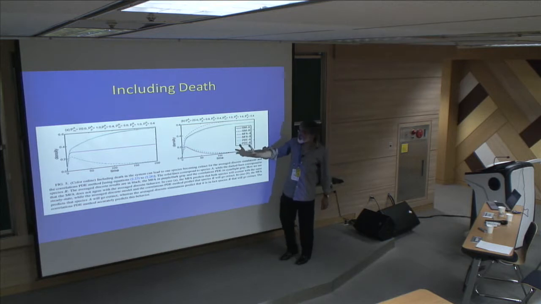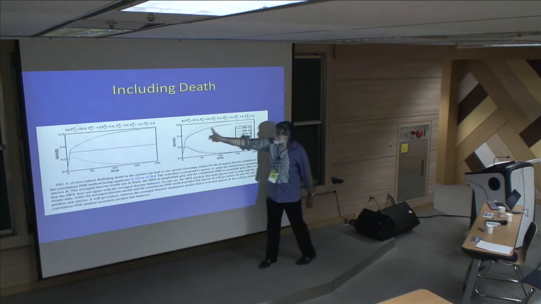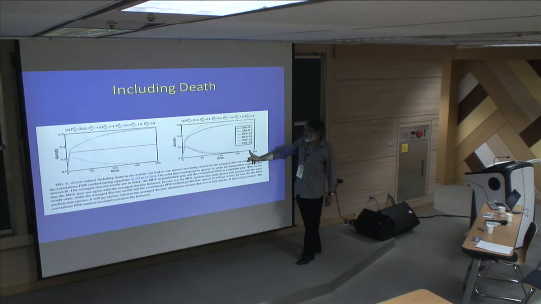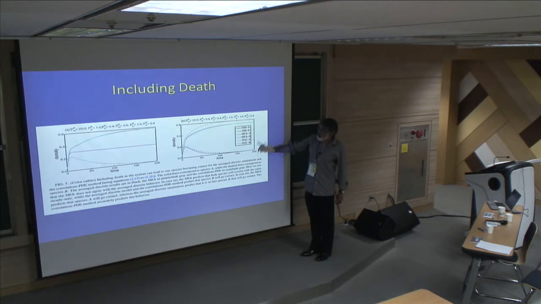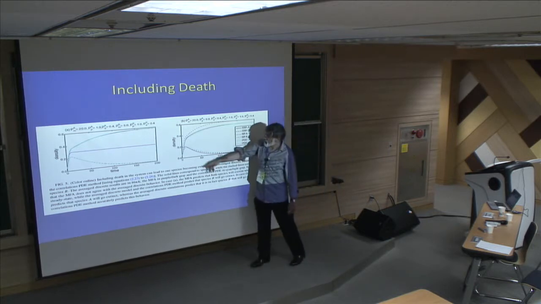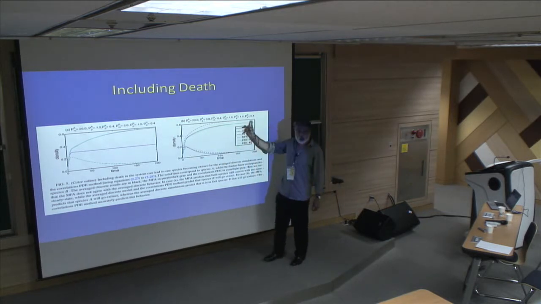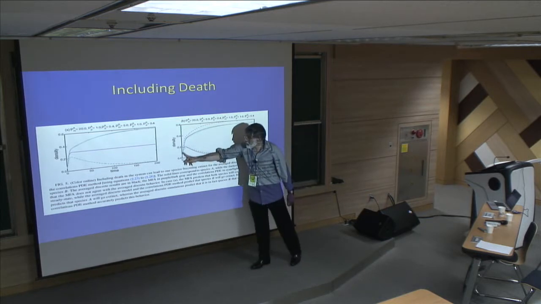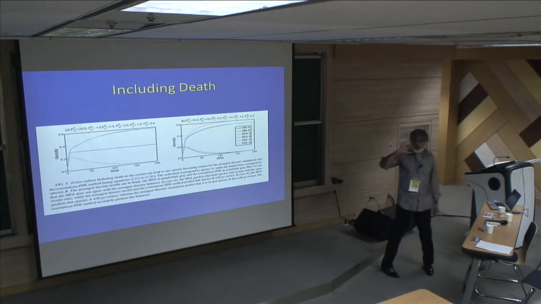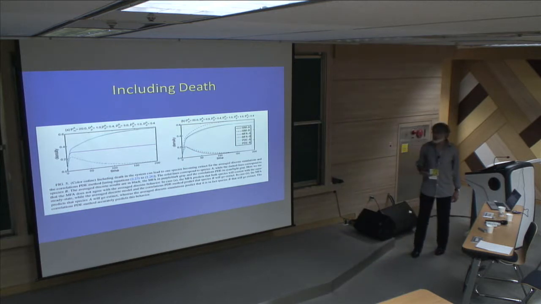The model with the moment closure says population A wins, population B dies out. The model that we all love to use says population B wins and population A dies out. So in other words, it gives you completely the wrong answer.